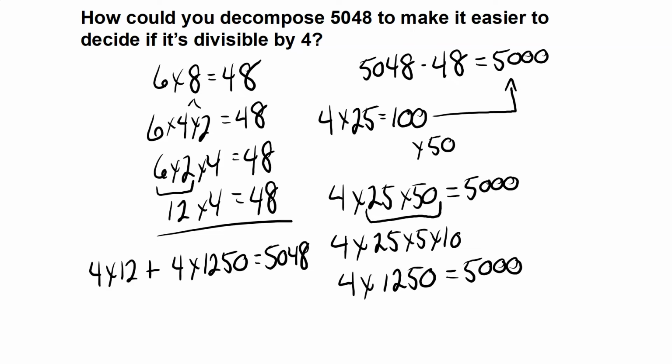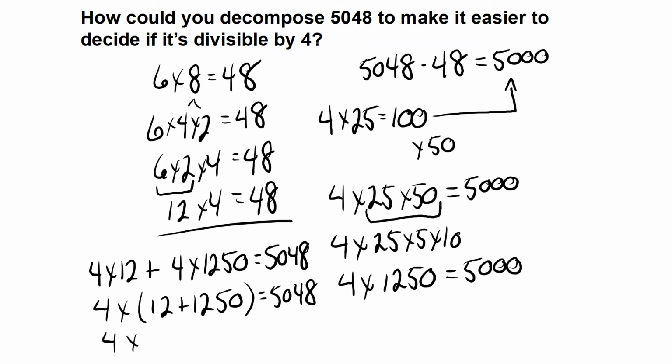I can then change that to say 4 times 12 plus 1,250. And I can simplify it to say 4 times 1,250 plus 12 is 1,262. From that, I can see that 5,048 is divisible by 4. The result is 1,262.